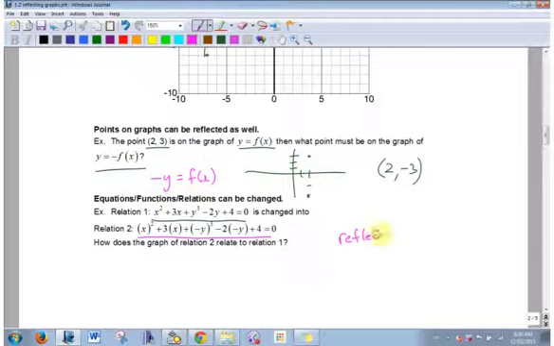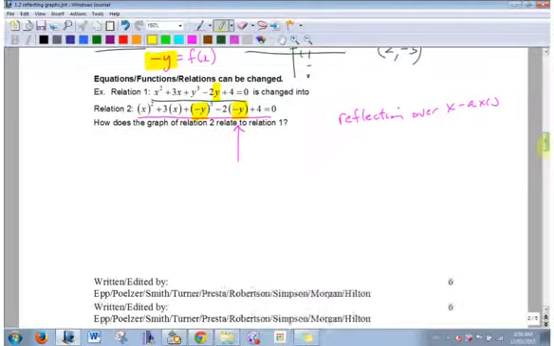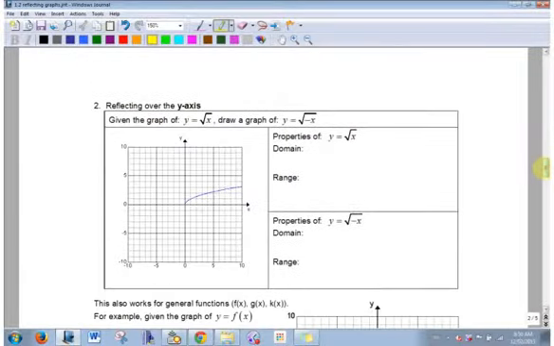It's a reflection over the x-axis. The only thing that happened here was y was replaced with negative y. Reflection over the x-axis. Kind of seems easy, but when we got this on top of 6 other things and translations and up and down, it gets a wee bit confusing. That's one way.